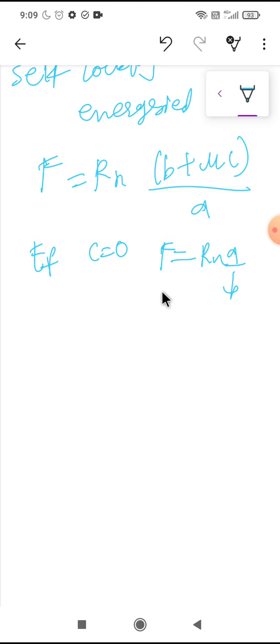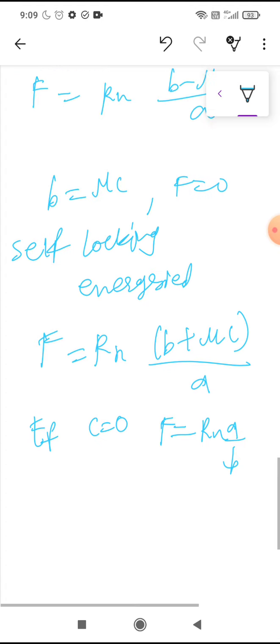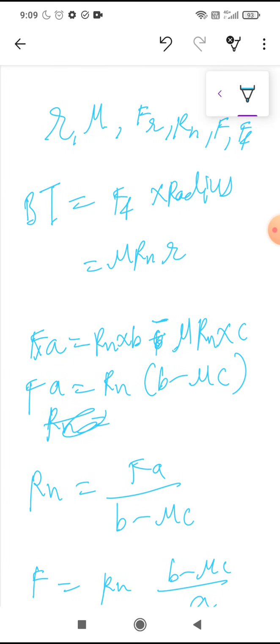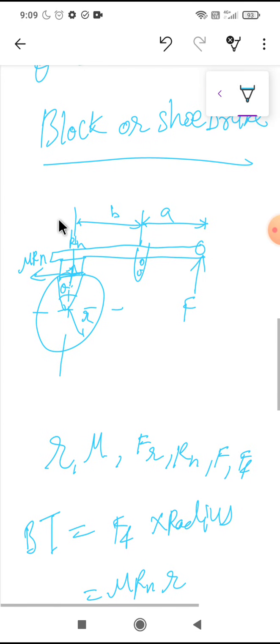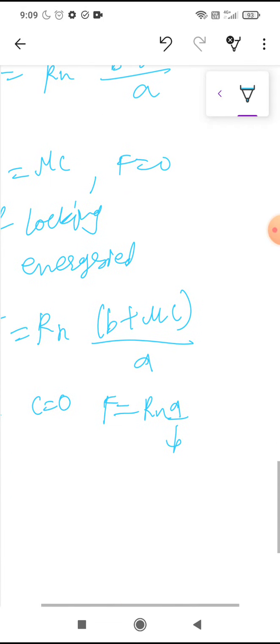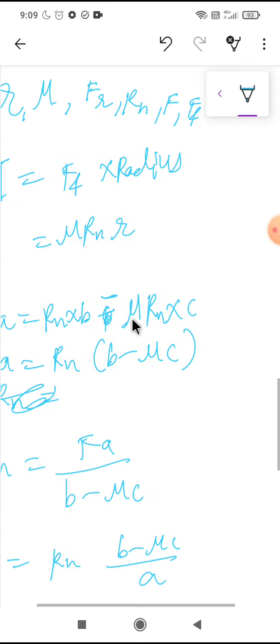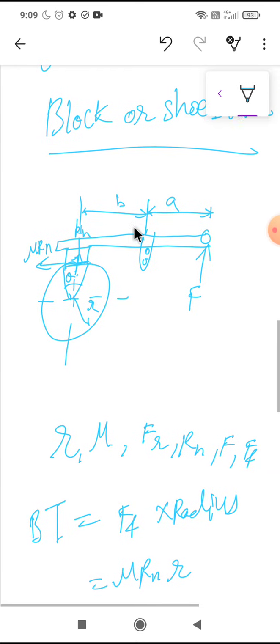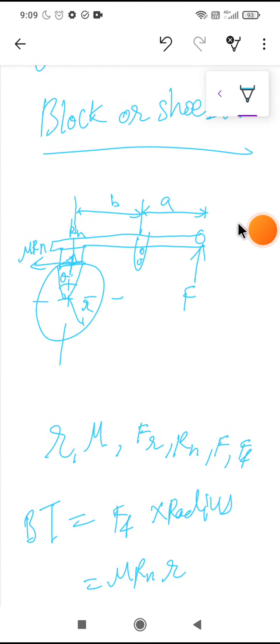If C is made negative, that is the pivot is at O double dash. What I am trying to say here is that this distance is C. If it is made negative, it is in the other direction.